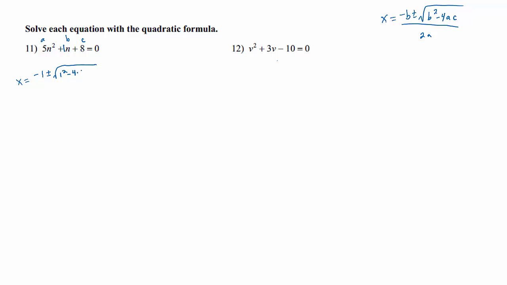And we'll see what we can work out on this. So underneath our square root, we've got 1. 4 times 5 times 8 is 160. And then on bottom, we can do 2 times 5 and get 10.